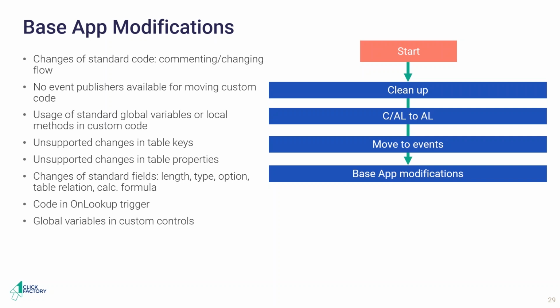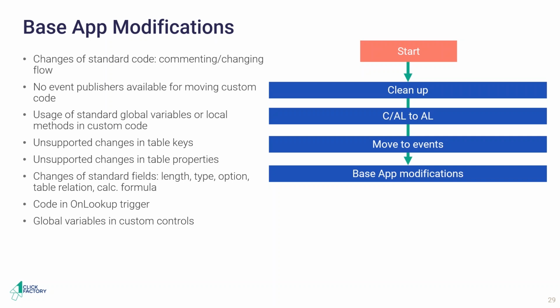I'm going to need to leave this code in the base application. Also, let's say I have some code which does not have any publisher next to it. That means I'm going to need to re-implement that code in a specific way, or leave the code in the place that it is, and then maybe ask Microsoft to add an additional publisher, but I will probably need to leave that code in the base application.